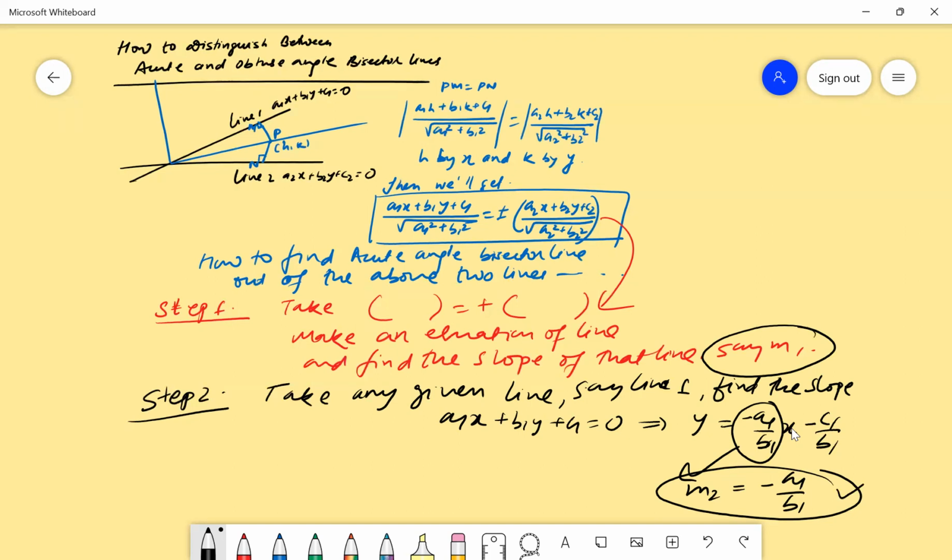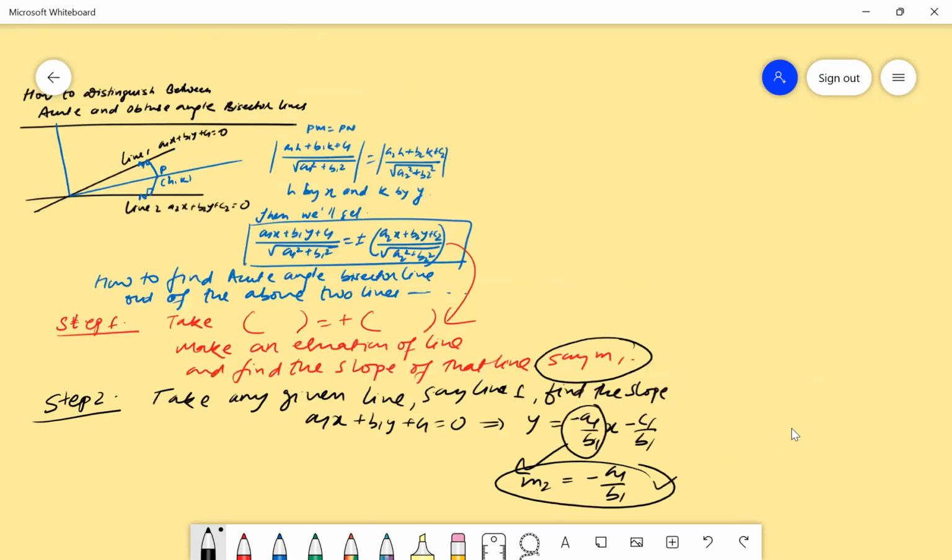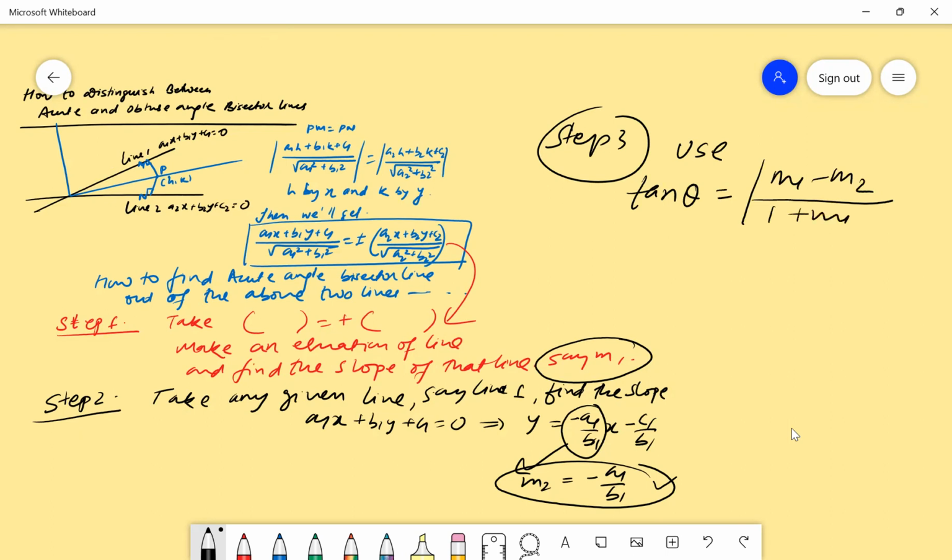Step 3: use tan theta is equal to mod of m1 minus m2 by 1 plus m1 m2 to find theta.